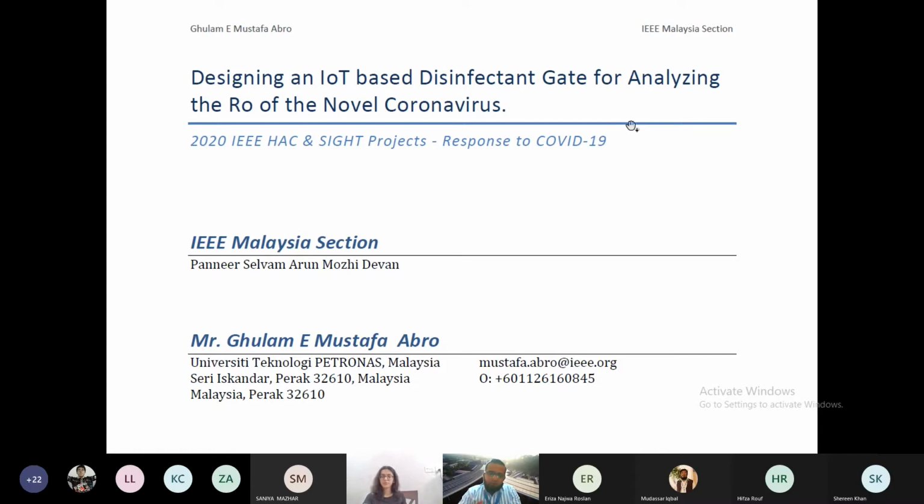If the temperature is lower than the abnormal value, we put them into the exposed column. And if the temperature is increased to the particular value that we were looking for, we put them into suspect. So two variables, suspected people and exposed people, were coming out from this disinfectant gate.